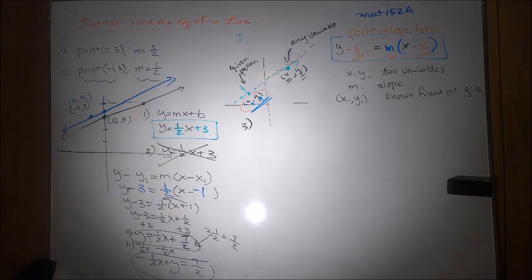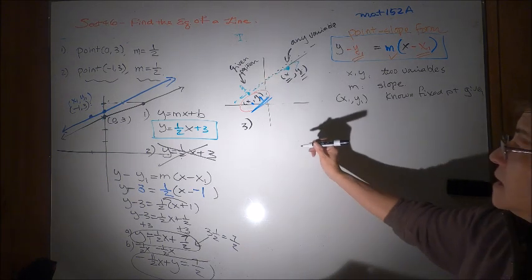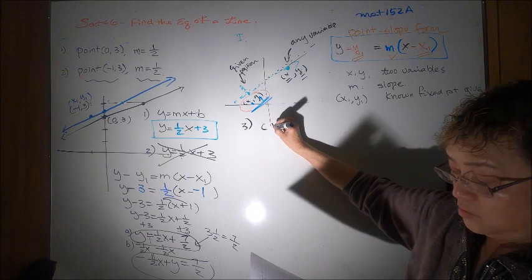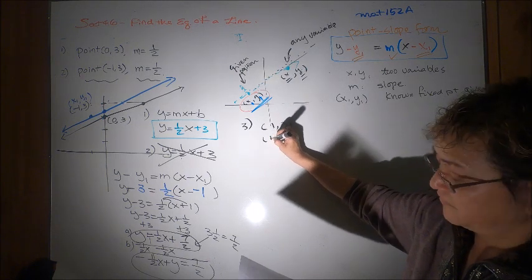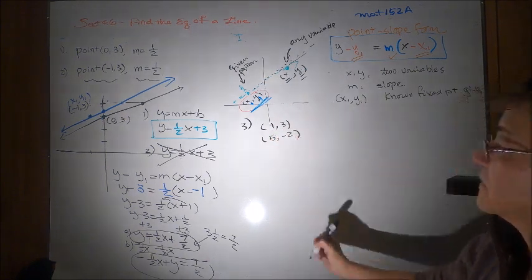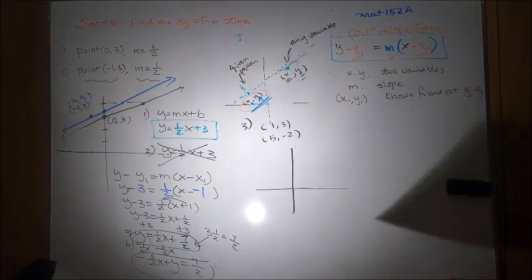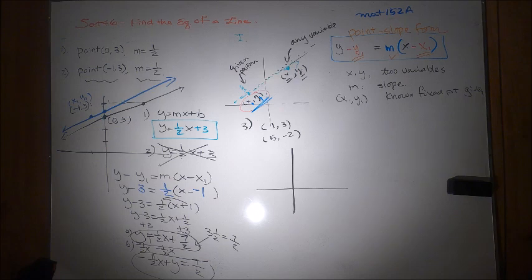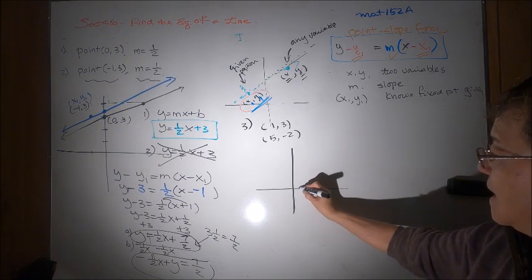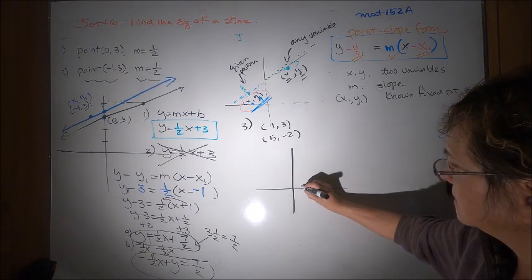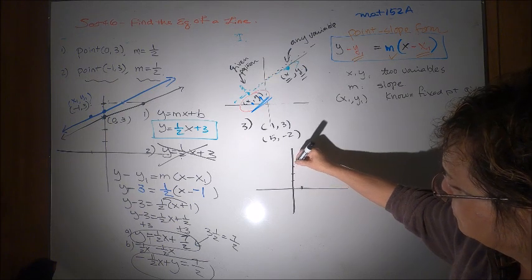Next one, find an equation. The line goes through (1, 3) and (5, -2). Okay? So you do the picture first. See what happened? So where is your (1, 3)? 1 and 1, 2, 3.